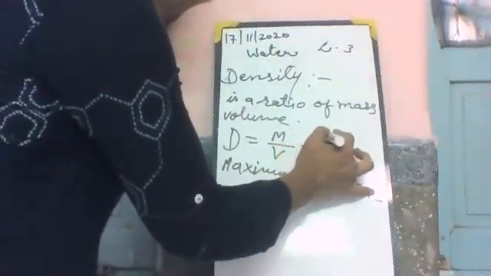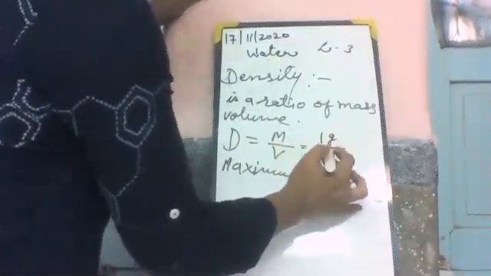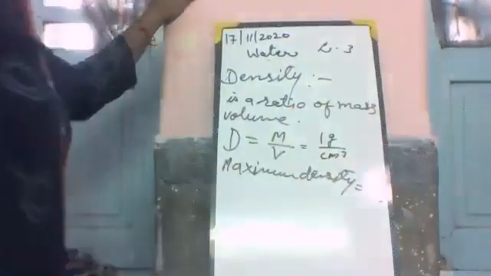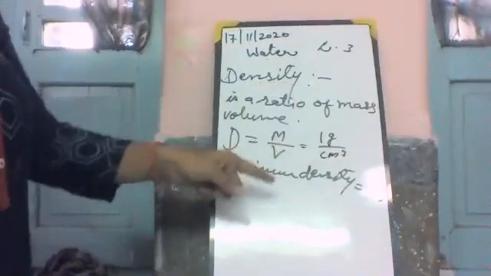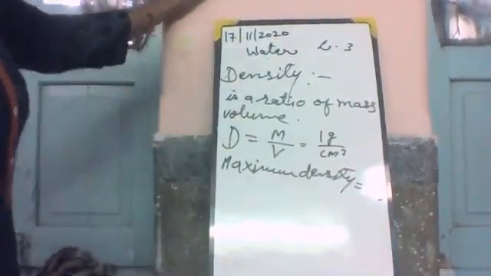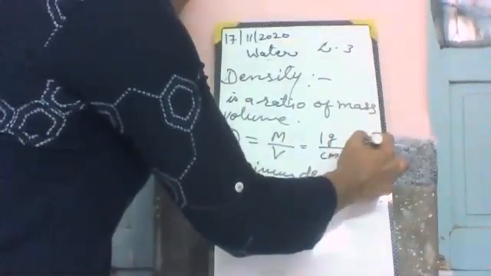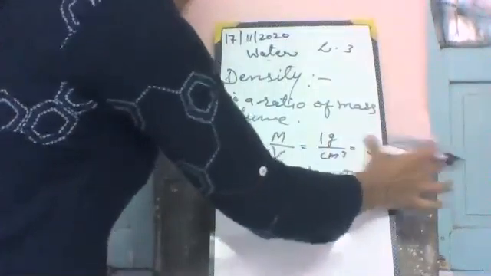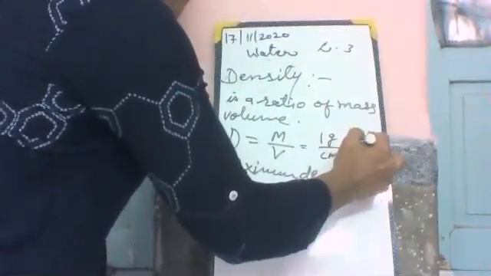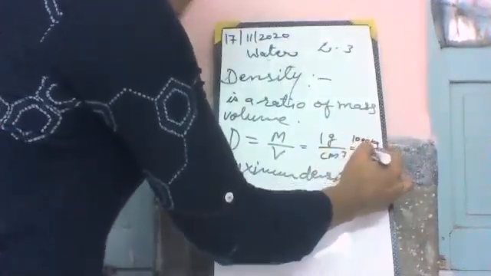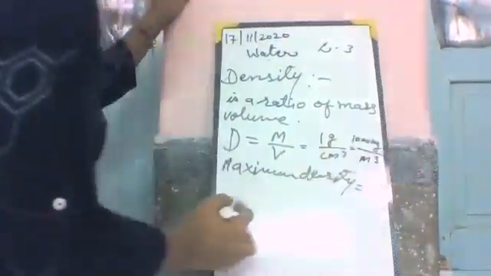If there is a 1 gram mass and the volume is 1 centimeter cube, this is the mass and volume. If we measure mass in kilograms, the density of water is 1000 kilograms per meter cube.